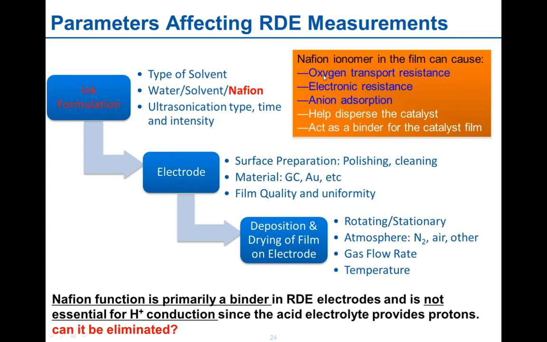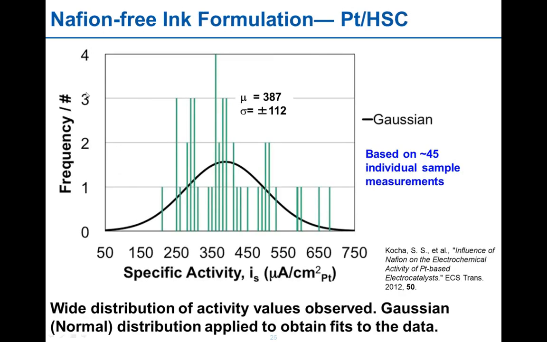That's the reason why most people use Nafion. But in excessive quantities, it can affect the oxygen transport resistance if it's too thick or non-homogeneous. It can also affect the electronic resistance if it's too thick. And to a very small extent, it might even cause anion absorption due to the sulfonate anions. So we wanted to try to formulate inks that did not have any Nafion in them.